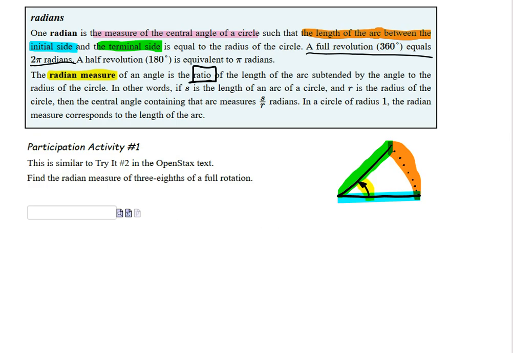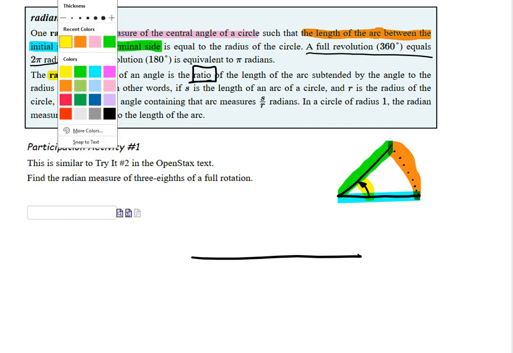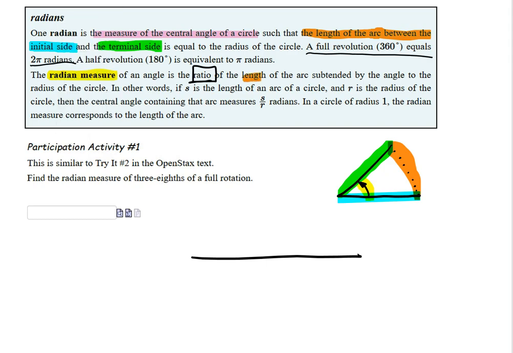So we're going to have the ratio of the length of the arc, that's what's going to go here, subtended, which means over top of, subtended by the angle, to the radius of the circle.